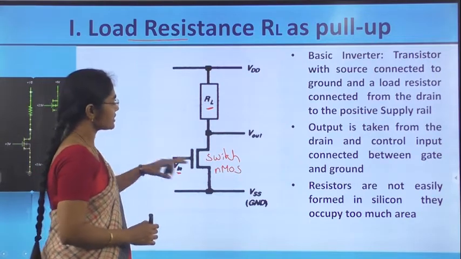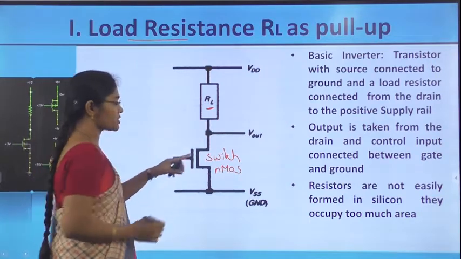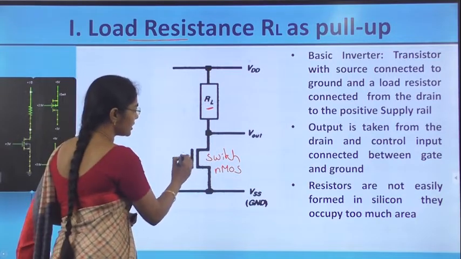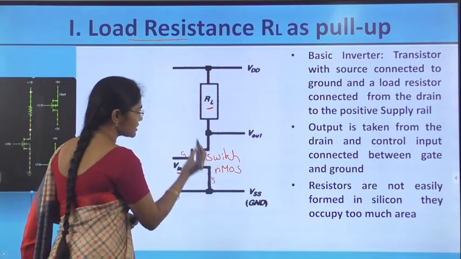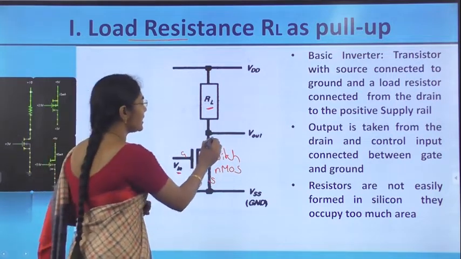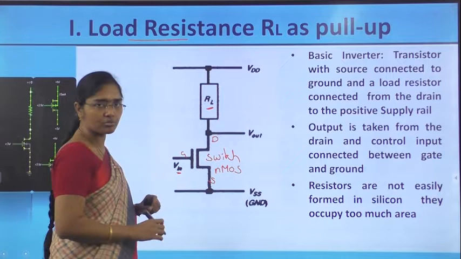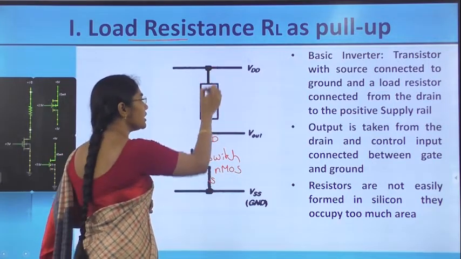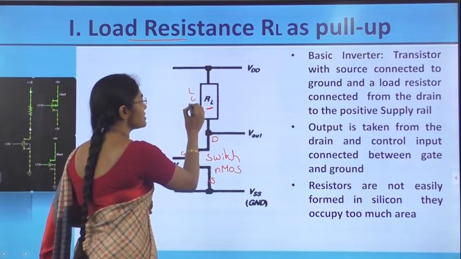Its basic connection is: the input is connected to a switch, that is the NMOS transistor, at the gate terminal, and the source terminal of this NMOS transistor is connected to the ground or VSS, and the drain is connected at the output. From the drain of this NMOS transistor to VDD, the load device is connected.